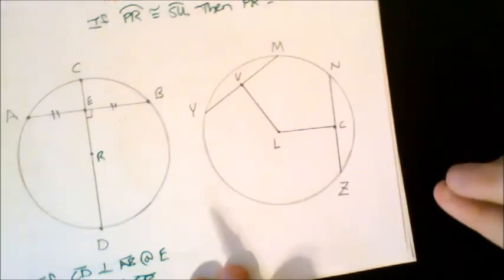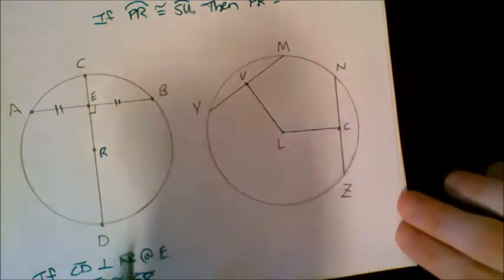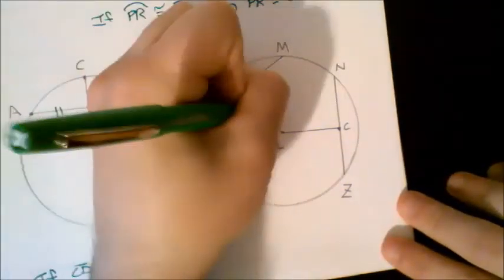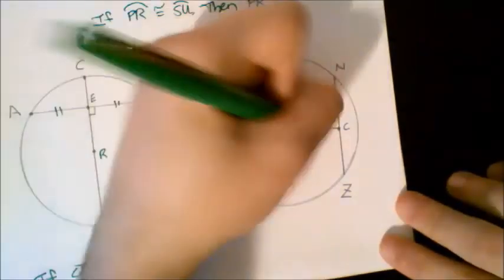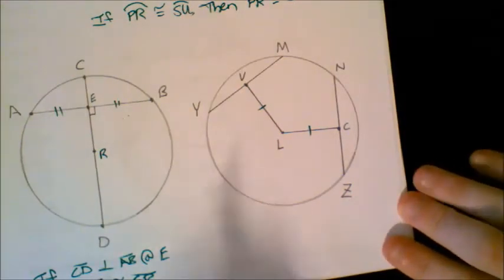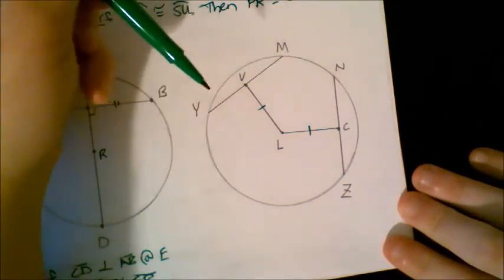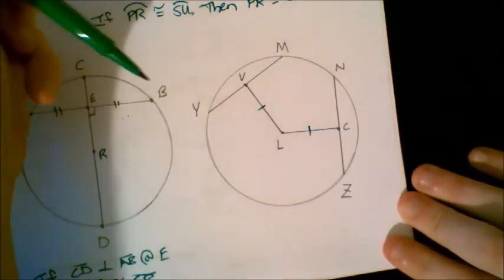Now, the last theorem says if chords are equidistant to the center, so if segment VL is congruent to segment LC, what that means is these chords are congruent.